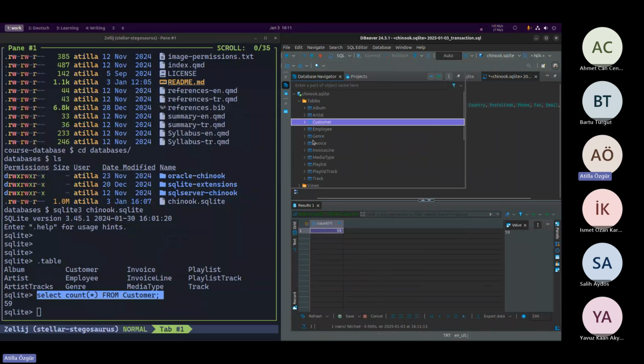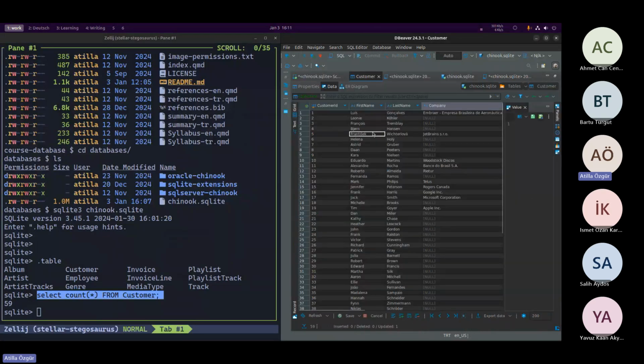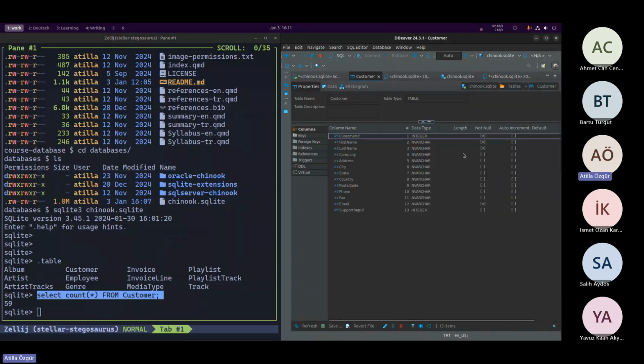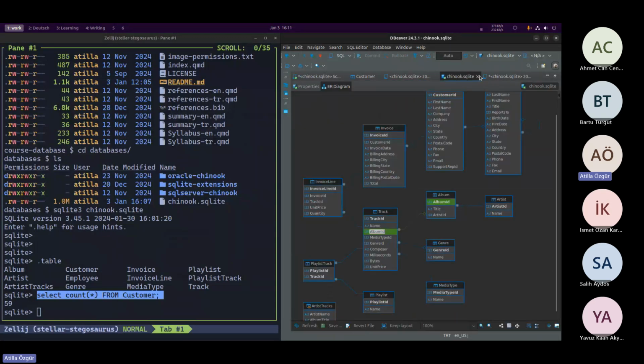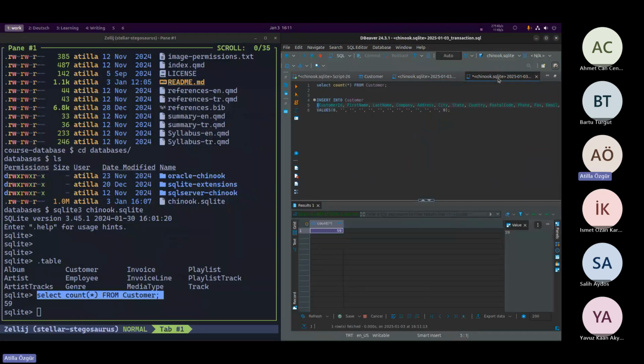If I look at my customer and at the data properties, I only need to enter first name, last name, and email. The customer ID is an auto number, therefore I don't need to enter it. Then I can write something like this in my transaction part. I can delete everything apart from email and the support representative ID.